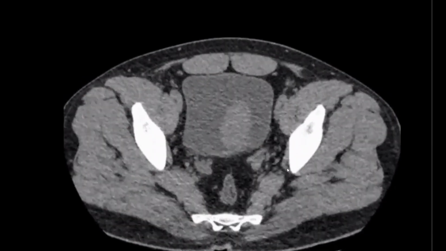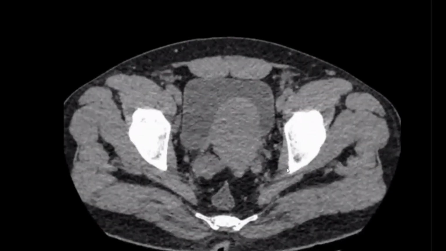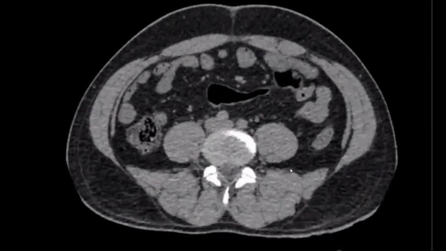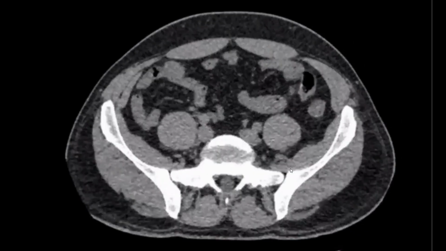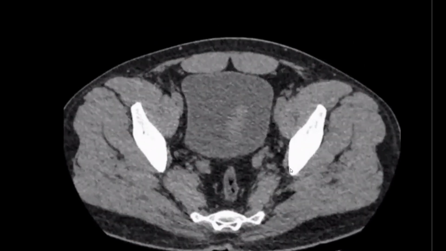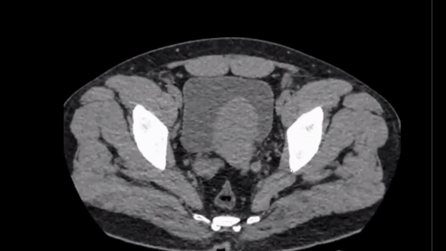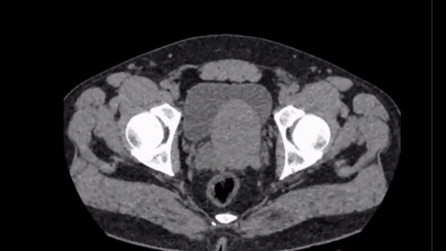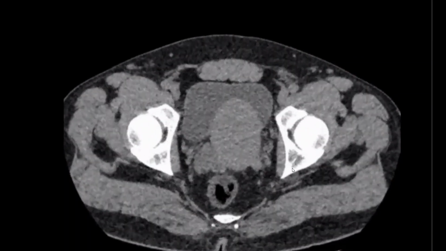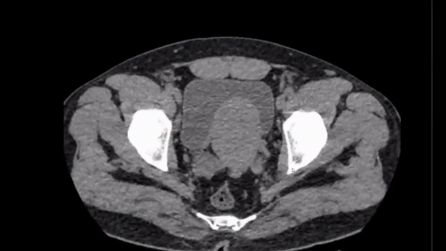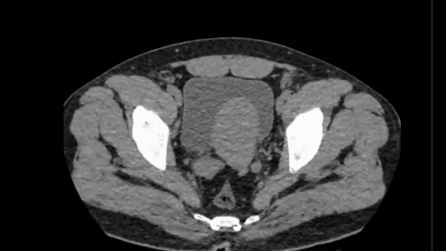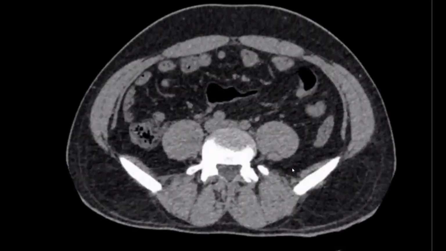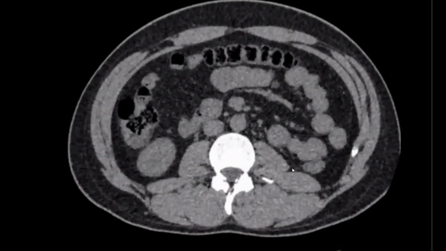If the patient is having hematuria, there are some other satellite lesions seen posterior to the urinary bladder. However, there is no hydronephrosis on the right side, and the right ureter is also unremarkable. So it is likely an extrinsic lesion to the urinary bladder, which is submucosal or causing irritation in the bladder.